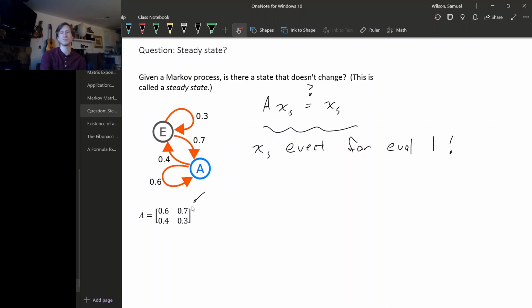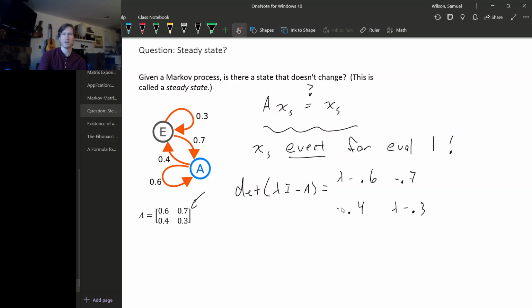Okay, well, here's our transition matrix. Let's see if it has an eigenvalue 1, and if so, what the corresponding eigenvector is. So let's see. We're going to do our usual thing to compute eigenvectors. So determinant of lambda I minus A. So let's see. Lambda minus 0.6, minus 0.7, minus 0.4, lambda minus 0.3.